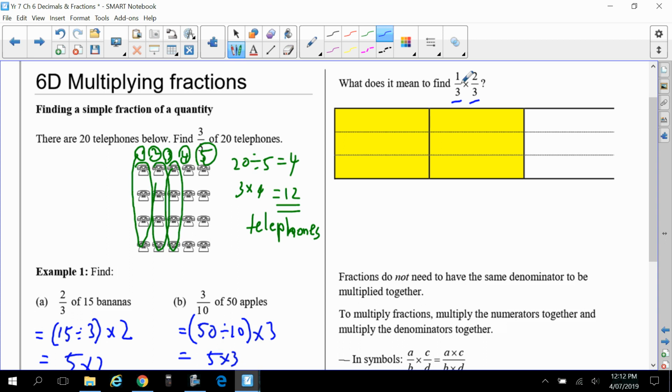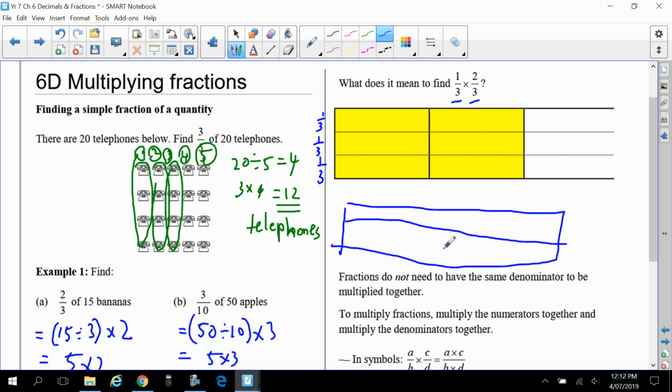So what we do is 1/3. You divide a big rectangular bar into 3 parts, and that's 1/3 each. So originally you start off with a big one, you divide into 3 parts. That's 1/3. We're going to find 2/3 of 1/3.